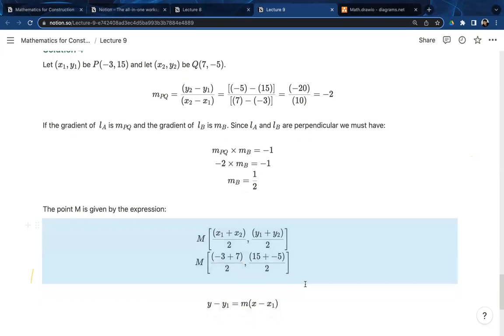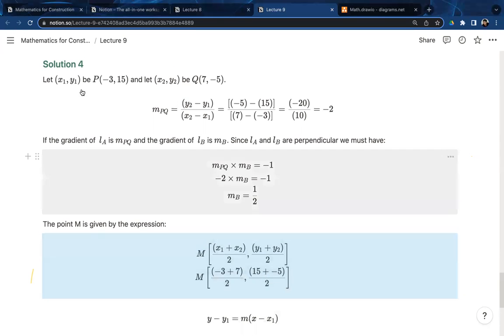The two x values are -3 and 7, and the two y values are 15 and -5.